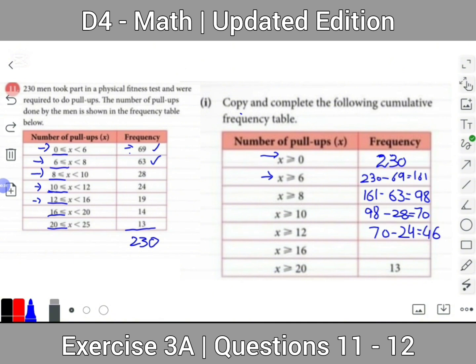For more than 16, we will calculate cumulative frequencies from 16 to 25, in other words 14 plus 13, and we will exclude 69, 63, 28, 24, 19. So 46 minus 14 will give us the cumulative frequency of 27.